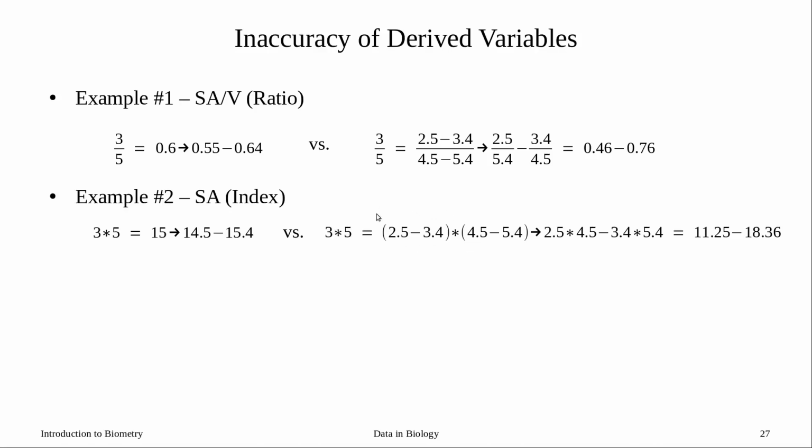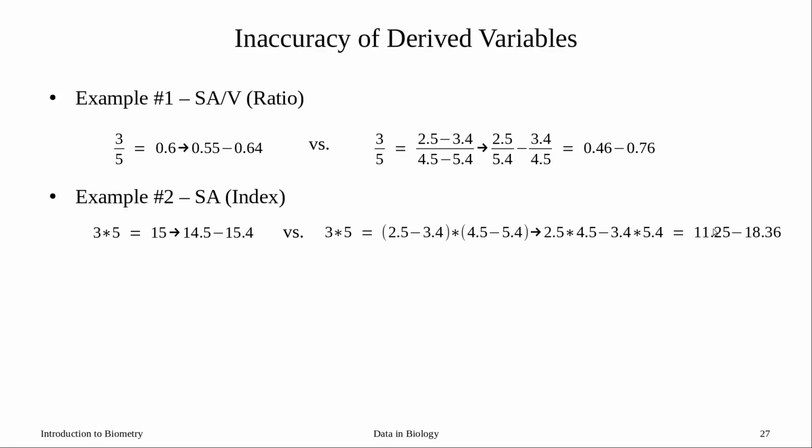So again, 3 has the same implied range as above, and 5 has the same implied range as above, and what we're interested in is the smallest number we could get. 3 could be 2.5, 5 could be 4.5. If we multiply those two smallest values together, we get 11.25. If we do the largest, we get 18.36. So you can see that our implied range was basically half a unit below 15 and 0.5 above 15.